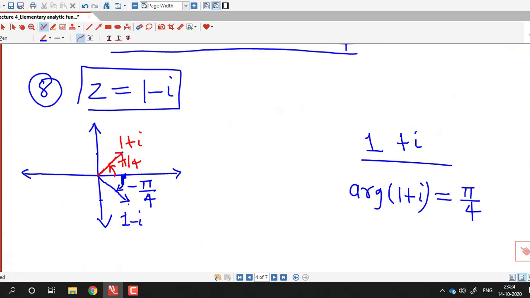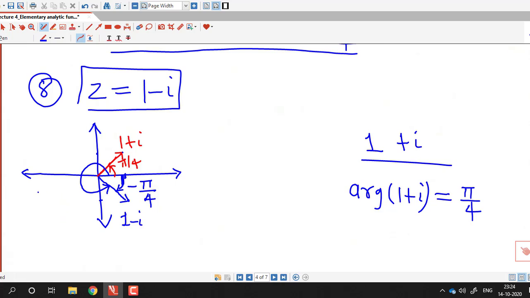That means the argument of 1 minus i is minus pi by 4 plus 2n pi, and the principal argument is minus pi by 4.